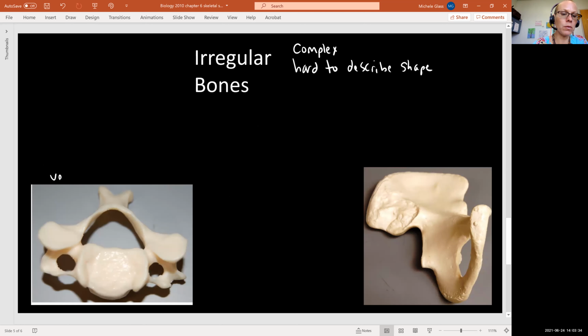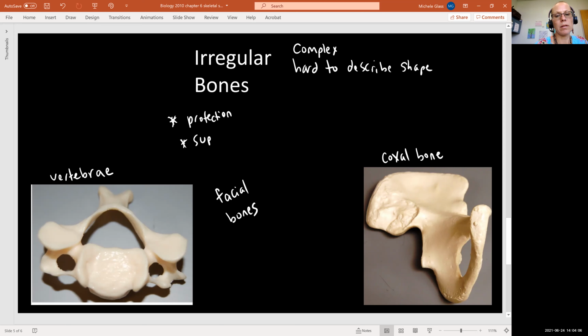Examples of irregular bones include the bones of the vertebral column, the coxal bone, even though that one's not listed for us in our textbook, and facial bones are often irregular. And these are going to offer protection and support as their jobs.